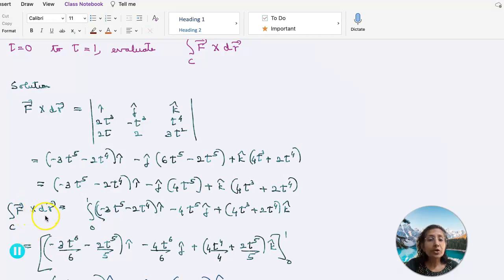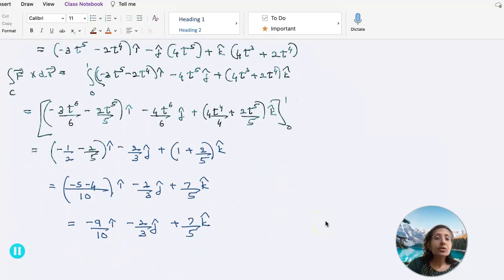And what will be the integral over C of F cross dr? t varies from 0 to 1. So that will be the integral from 0 to 1 of this: (minus 3t⁵ minus 2t⁴) i minus 4t⁵ j plus (4t³ plus 2t⁴) k.